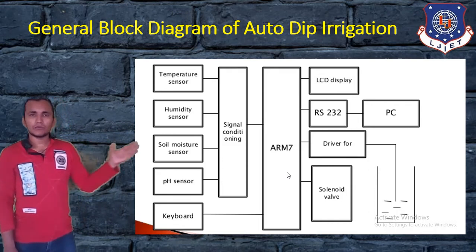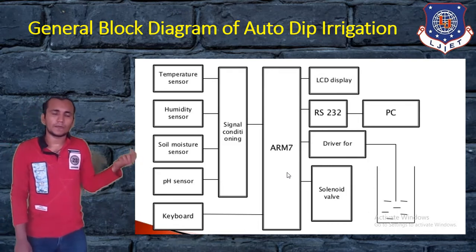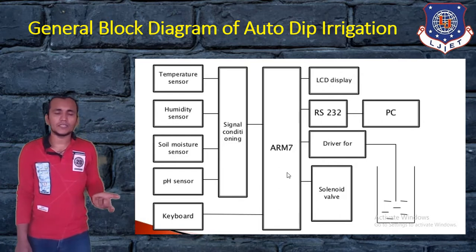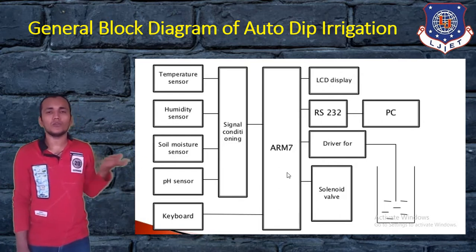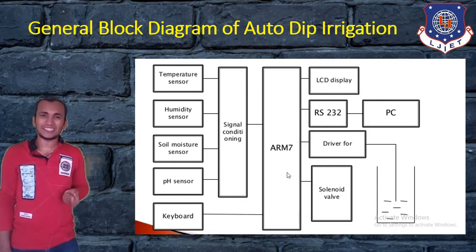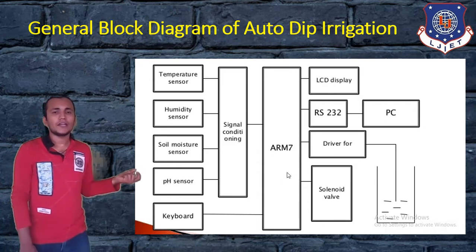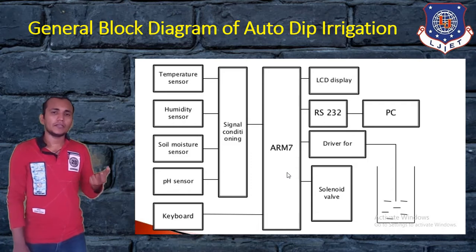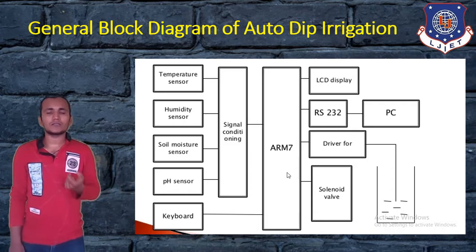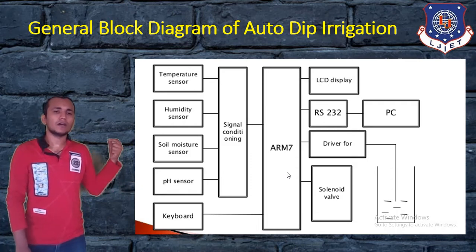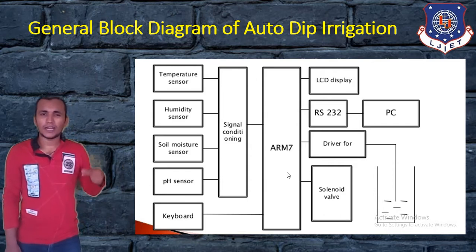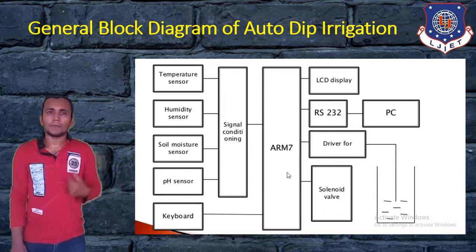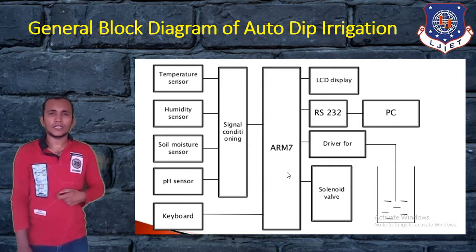On the back side you can see an LED display for showing which parameter is measured. Then an RS232 communication channel can be connected to PCs, and this Arduino is a driver for the water storage. A solenoid valve is also used to connect to our different farms. So that is the auto drip irrigation system that can be used.